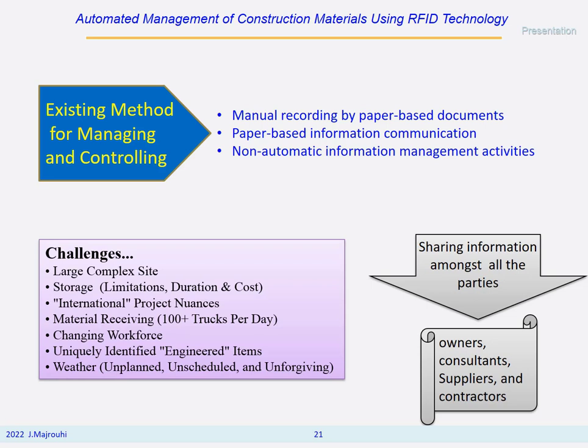Existing methods for managing and controlling are manual recording by paper-based documents, paper-based information communication, and non-automatic information management activities that face challenges of large complex sites, storage, international projects, material receiving, changing workforce, uniquely identified engineered items, and weather, unplanned, unscheduled, and unforgiving.